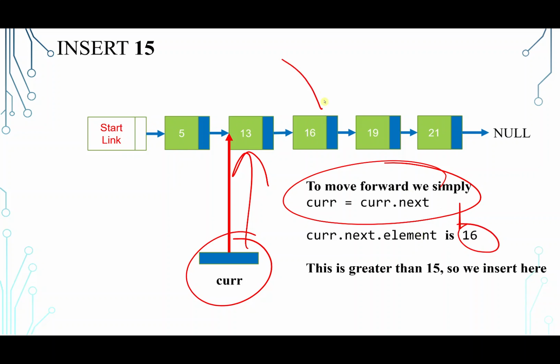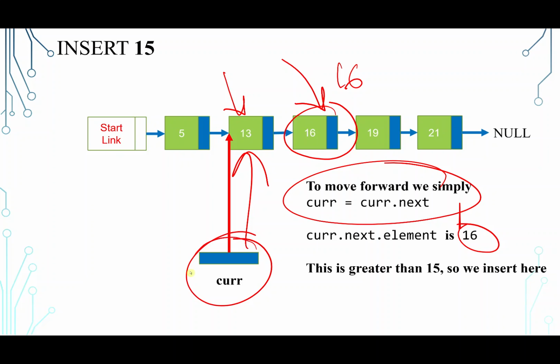So here we have 16, and in here we know we have something less than 15. It doesn't matter that much that it's 13, as long as we know what's inside the next one, because that is what we need for inserting and keeping things in order.